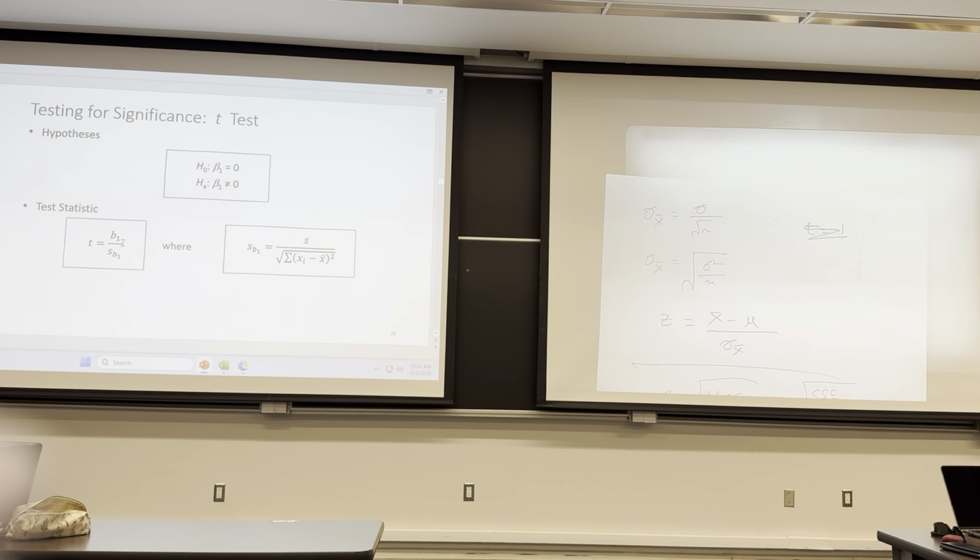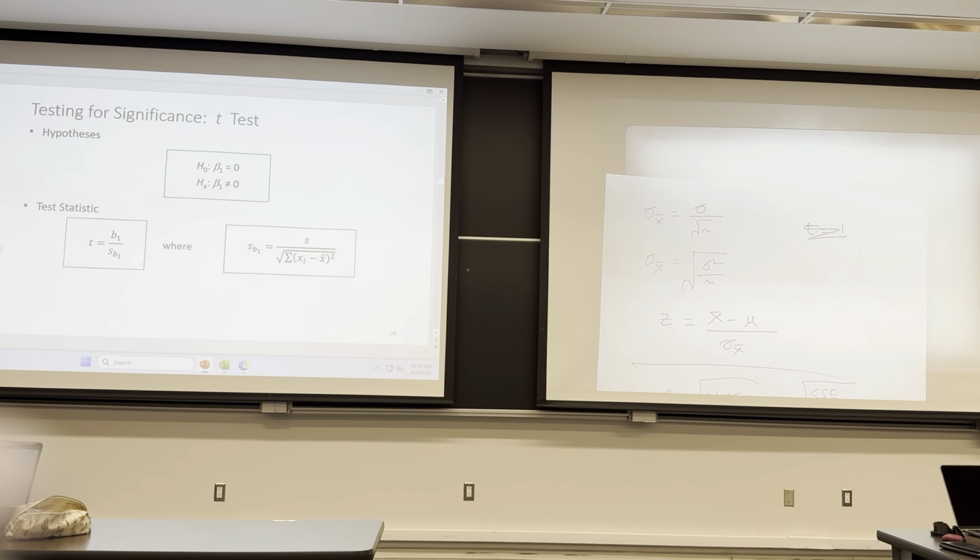The reason I'm not putting it is because I'm assuming it to be 0. But if I'm not testing for 0, I'm testing for 4, saying population slope is 4, or at least 4, or not more than 4, then I have to put a small b1 minus 4, the population slope. So you can test for a relationship, but you can also test for any particular slope.